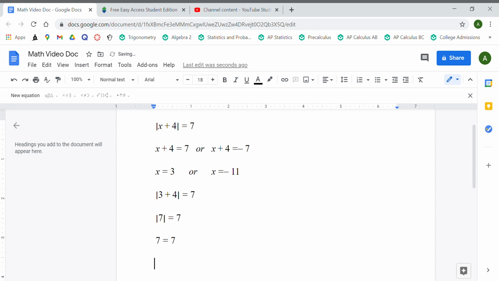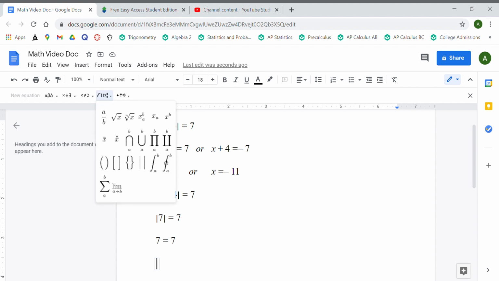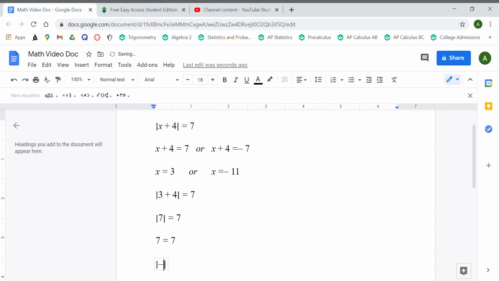Now, let's check the other solution. So we have x equals -11 as our other solution, so we substitute that in for x. It's plus 4, right? Okay, good. And does it equal 7?